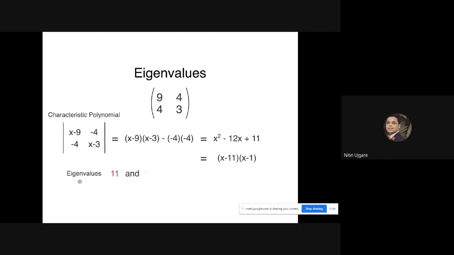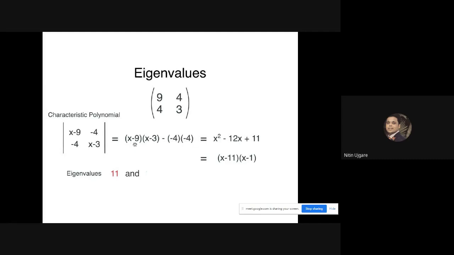Here the covariance values for x and y are negative, because in this polynomial equation the determinant entries are negative. 9 and 3 are the variances of our x and y axes that we have seen already. So x minus 9 into x minus 3 minus minus 4 into minus 4.